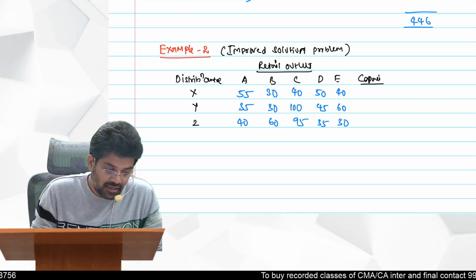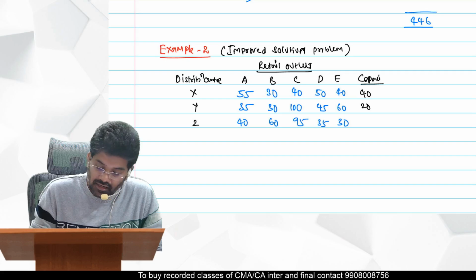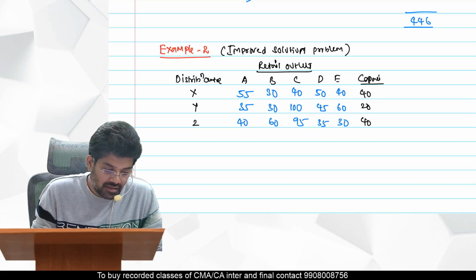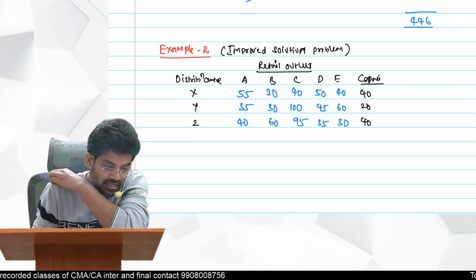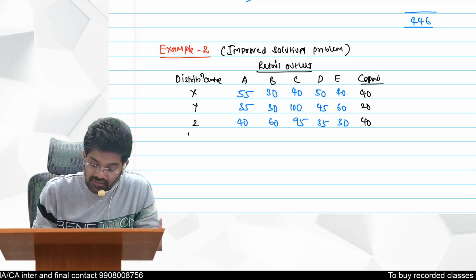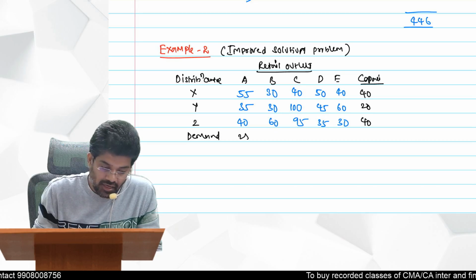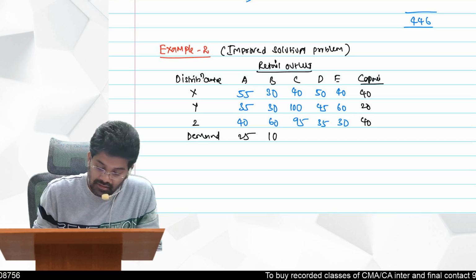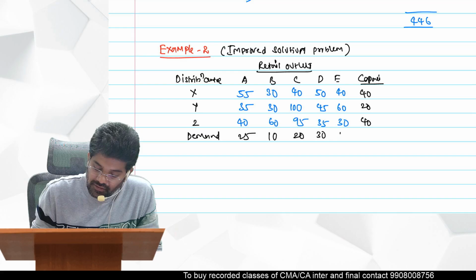Okay, and what is the capacity here? They have given the distribution centers. Each one has 40, 20 and 40 units of the product, and then retail outlets, how much they want is demand. Retail outlets demand is 25, 10, 20, 30, 15.